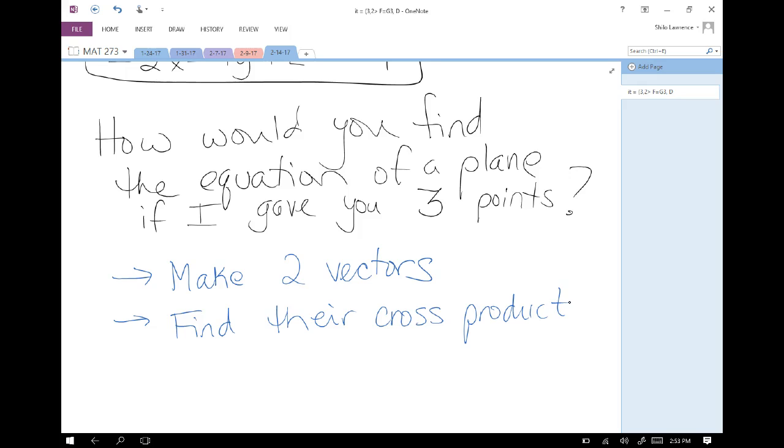And what do we need to set up the equation for the plane? A normal vector and a point. So we're ready to go. So all you have to do is use those 3 points to set up 2 vectors, and then do the cross product of those 2 vectors, and you've got your normal vector.